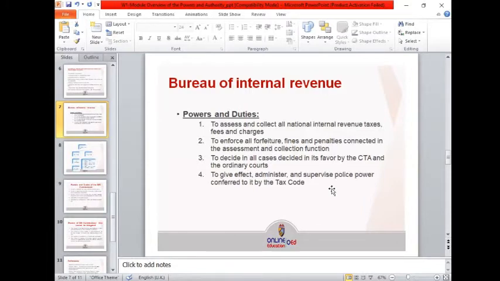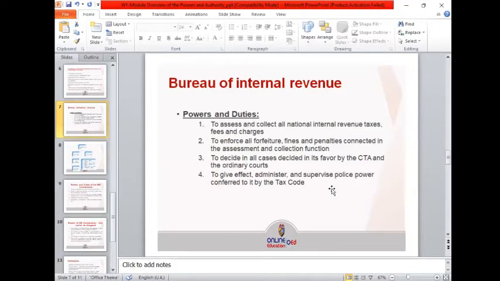Of course, to assess and collect all the national internal revenue taxes, fees, and charges, in case the taxpayer becomes delinquent in paying their taxes. Also, the BIR enforces the forfeitures, fines, and penalties for those taxpayers who do not comply with filing and paying taxes at the right time.